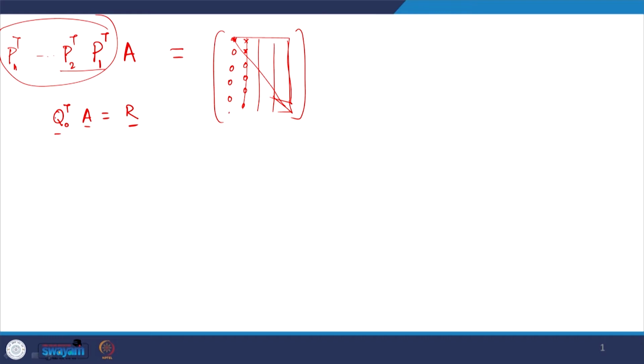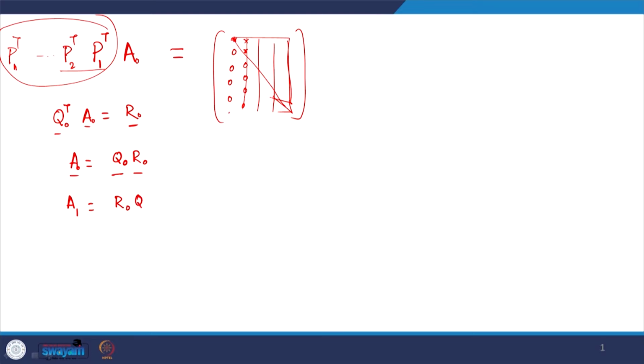And Q 0 transpose is of course an orthogonal matrix. So, A is given as Q 0 R 0, let us say A 0. So, this is what the entire factorization is: A can be defined as an orthogonal matrix Q 0 multiplied by right triangular matrix R 0. Now, if I define another matrix, let us say A 1, by reversing the order, what happens?